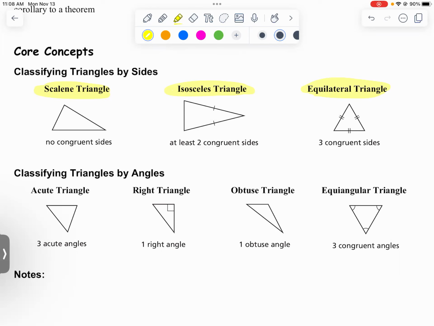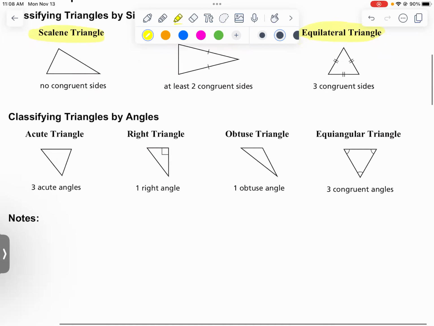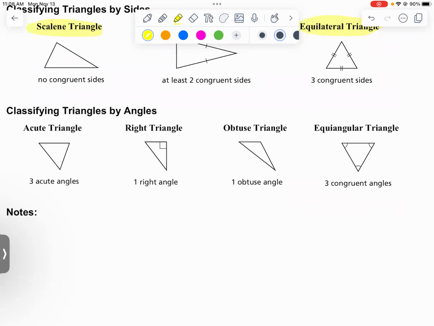There are also 4 ways to classify a triangle by its angles. Acute, because all of the angles are acute. Right triangle, one and only one angle is a 90-degree angle.